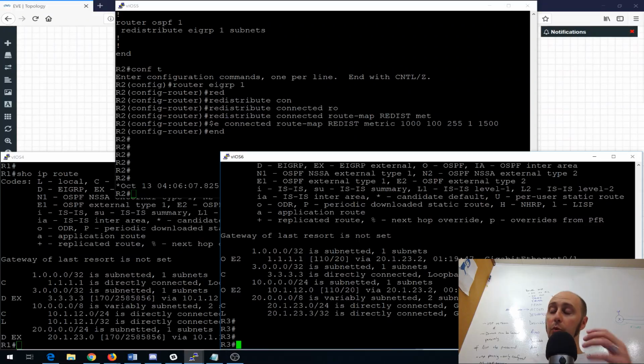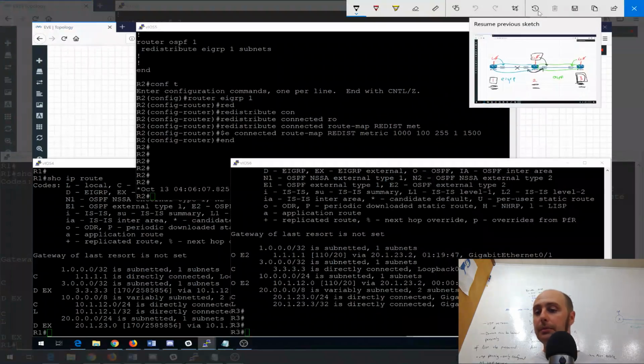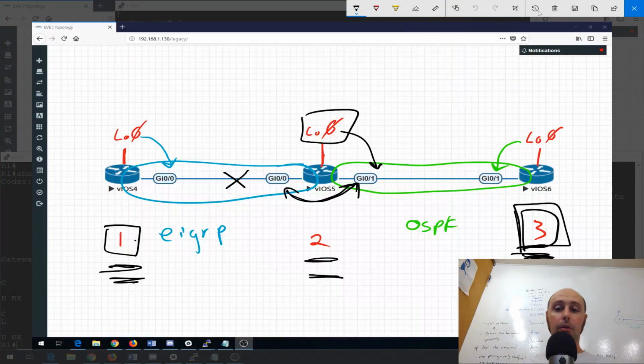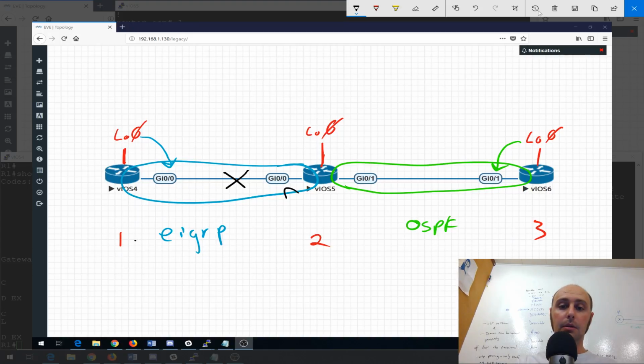Now, with what we just saw and what I've just read, the prediction I would make at this point, right now I'm taking loopback 0 and redistributing it into EIGRP.